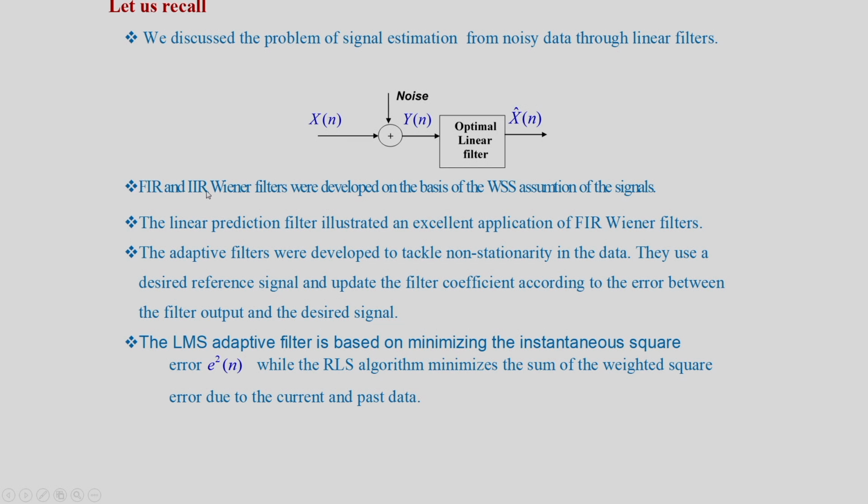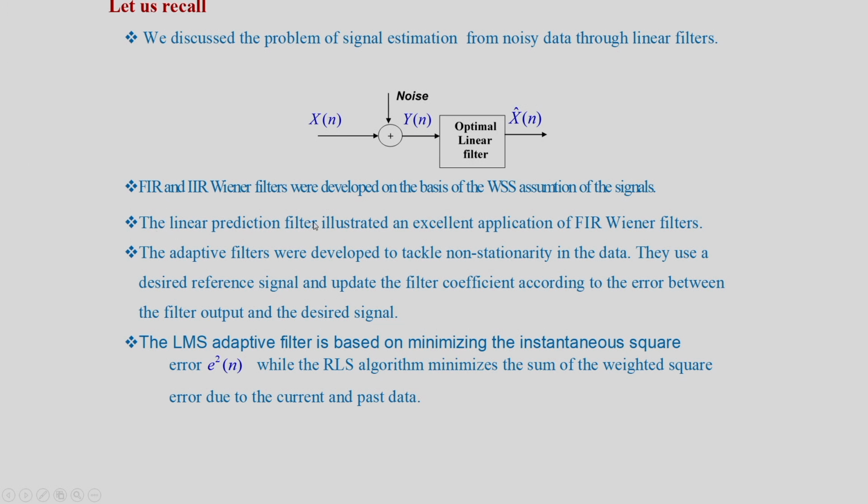FIR and IIR Wiener filters were developed on the basis of the WSS assumption of the signal. We assume that xn and yn are jointly WSS, and on the basis of that FIR and IIR Wiener filters were developed.